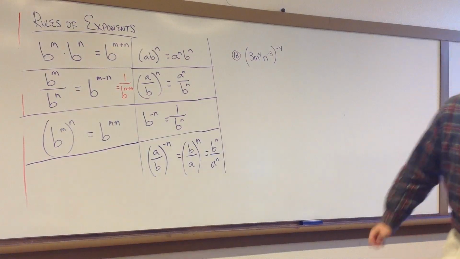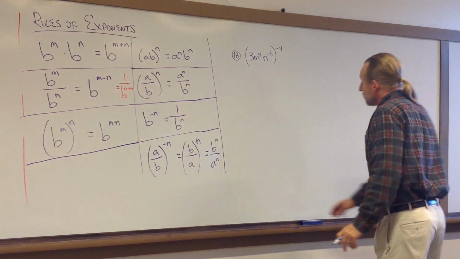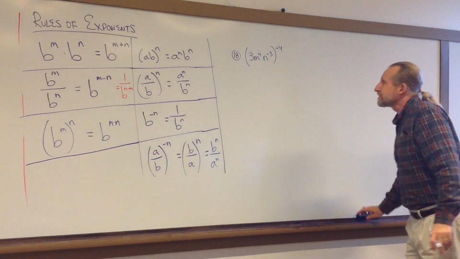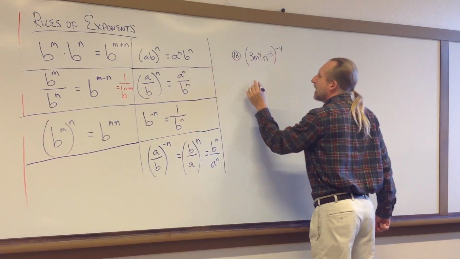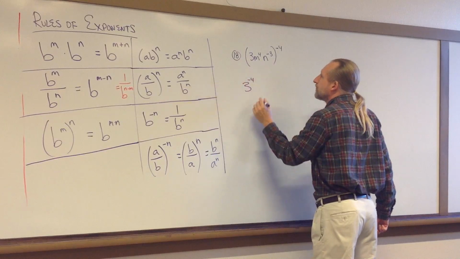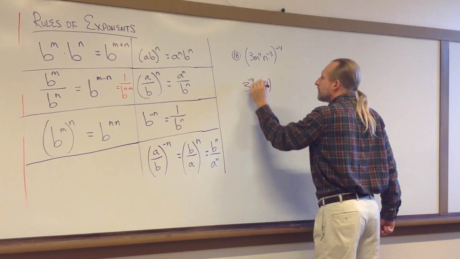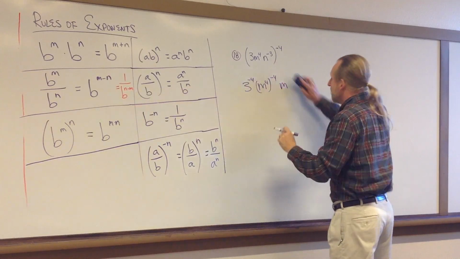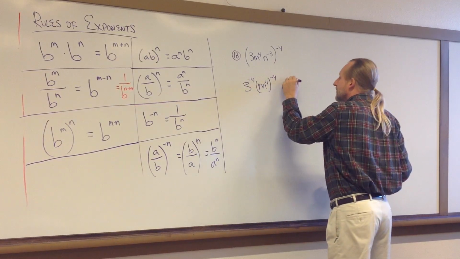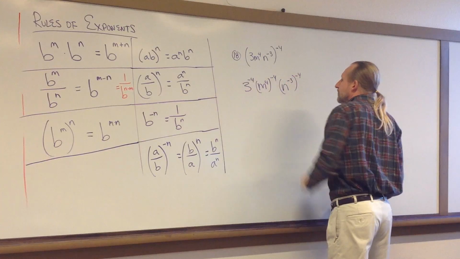Well, I'm going to go back to what I was doing with those first problems, where I raised each one of these separately to that power: 3 to the minus 4, m to the 4th to the minus 4, and n to the negative 3 to the negative 4 power.